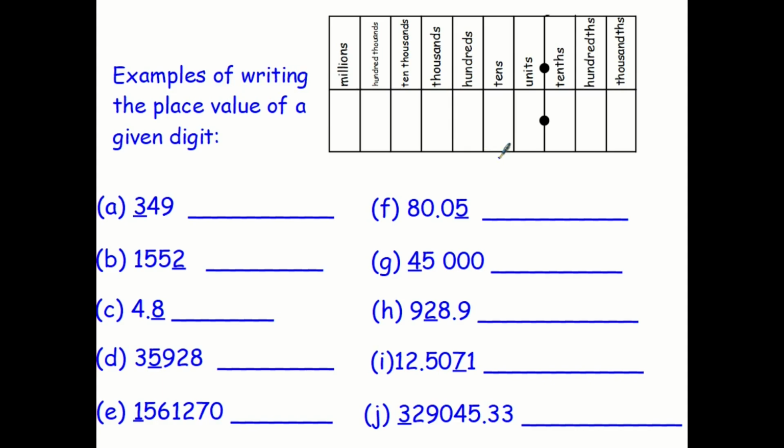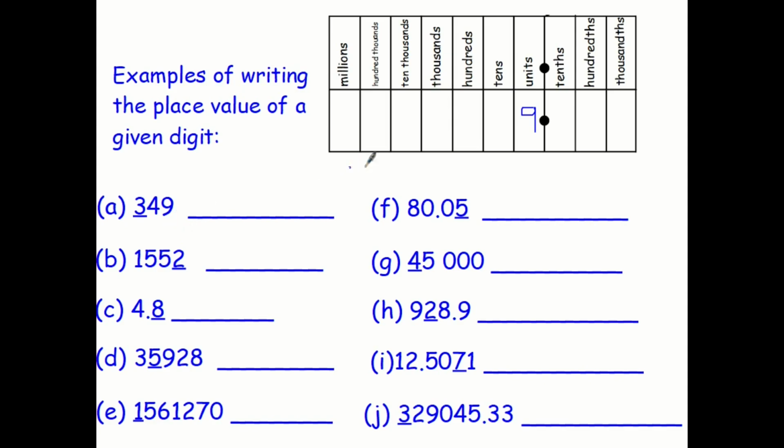And what I recommend when you're doing this is that you actually start with where you know. So here I'm going to put the 9 in here first. You might be tempted to start with the 3. But actually, when you're trying to figure out the place value of each digit, it's better to work backwards, because I know that this is in the units column, especially when you come to some big numbers like this. It's better to start in the units column.